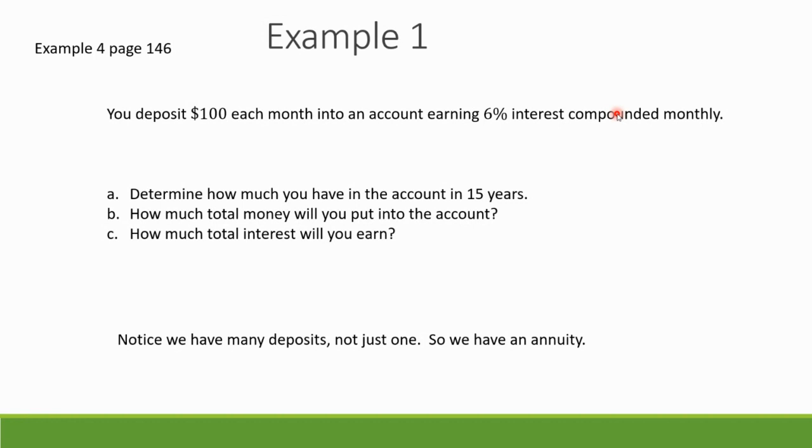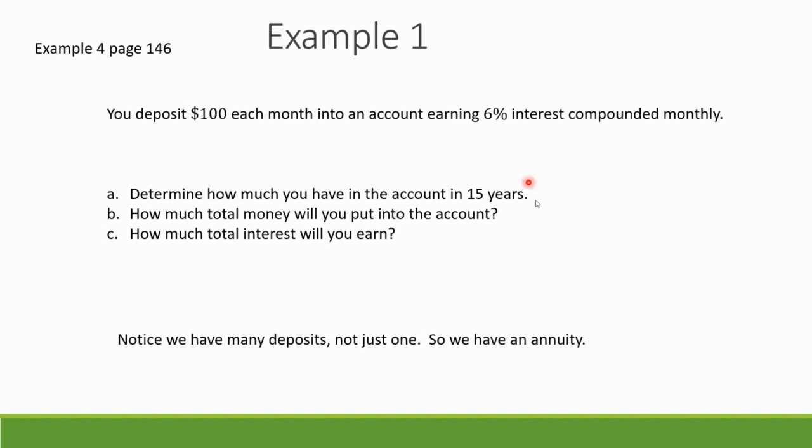So we have this kind of account. Now notice though, we're not just depositing $100 once and letting the money sit there. We're depositing it each month. As you can see, we're not just having one deposit.